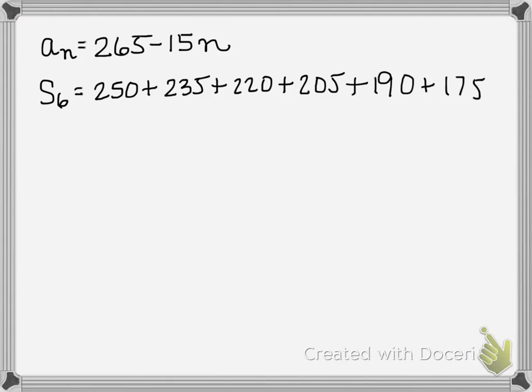All right, so we want the sum of all these terms. We could just add them up, of course, but let's look at the formula for an arithmetic series, which says that s sub 6 is going to be equal to 6 over 2 times the value of the first term plus the value of the last term.